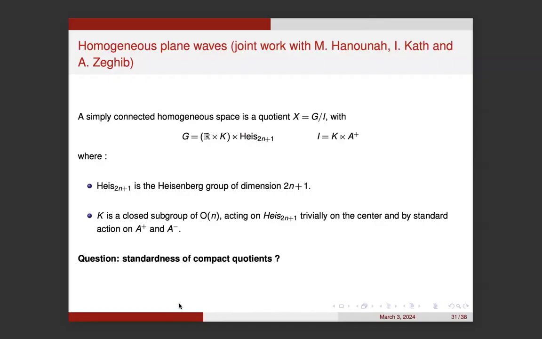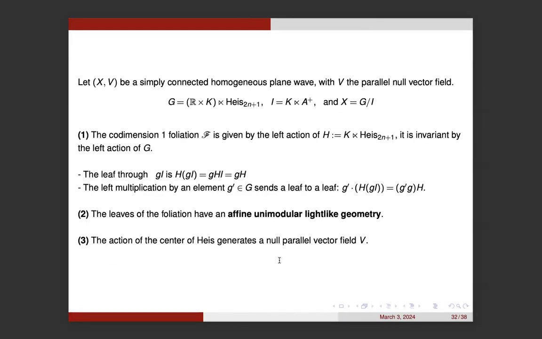The question we study is the standardness of compact quotients. So if I have (X, V), a simply connected homogeneous plane wave, then the isometry group is this one. This is called the dimension 1 foliation. It's given by the left action of the group here, K semi-direct Heisenberg of dimension 2n+1.